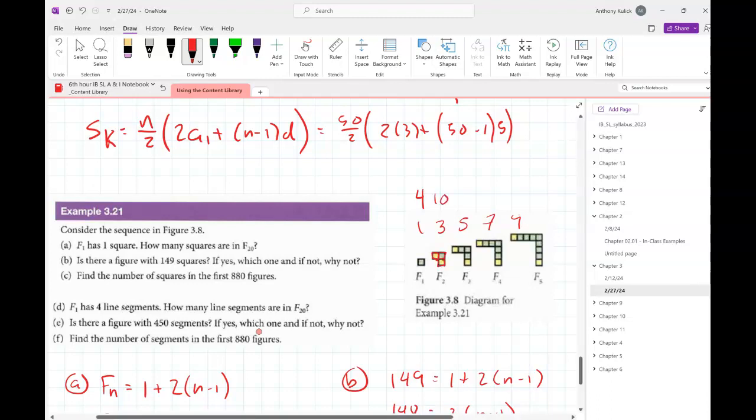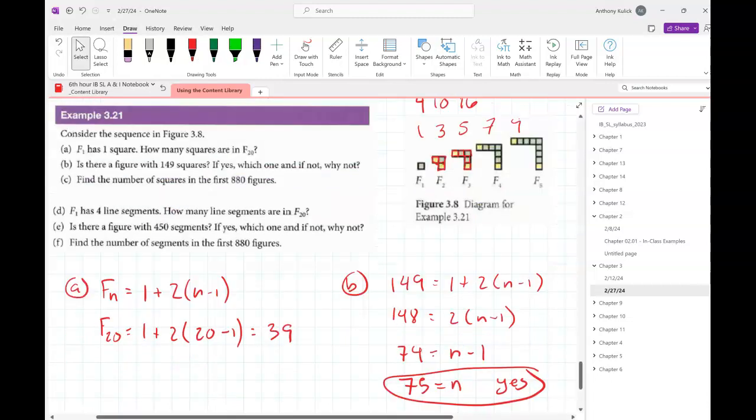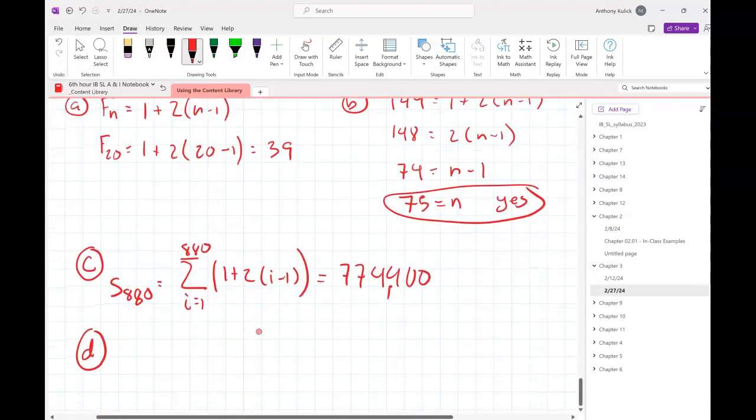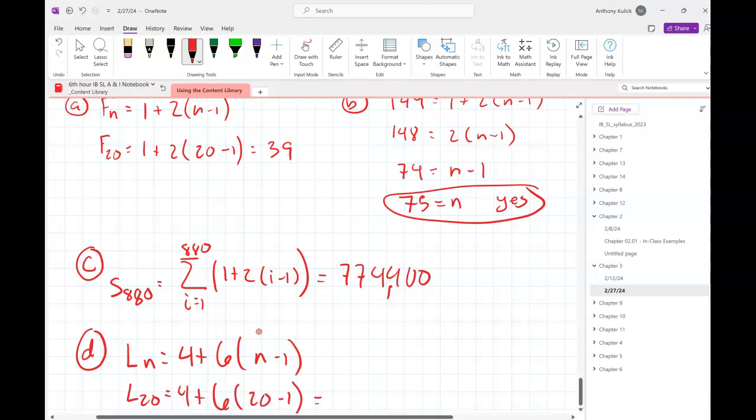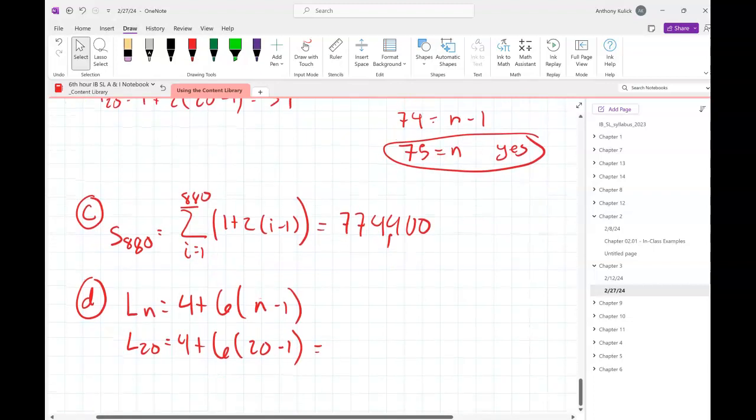How many in the next one? 1, 2, 3, 4, 5, 6, 7, 8, 9, 10, 11, 12, 13, 14, 15, 16. So it's still arithmetic, right? So what's that? 118.